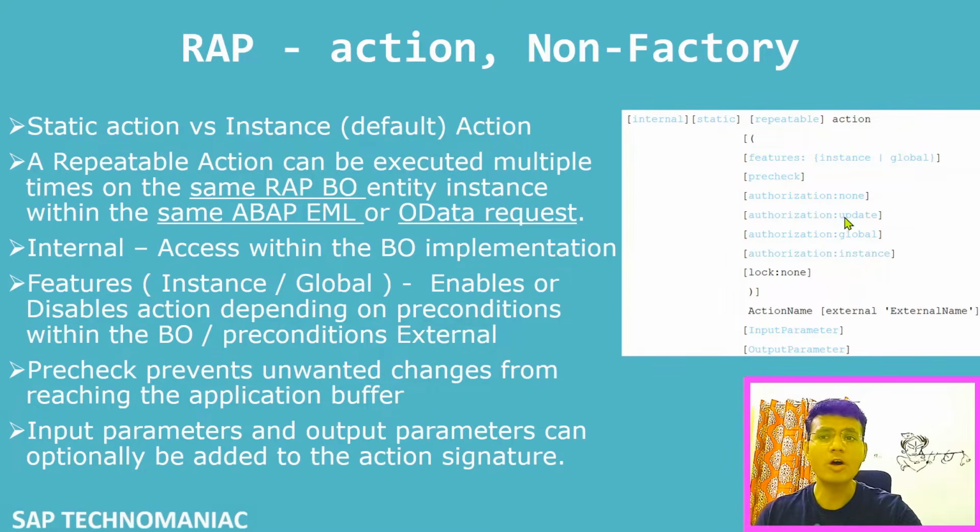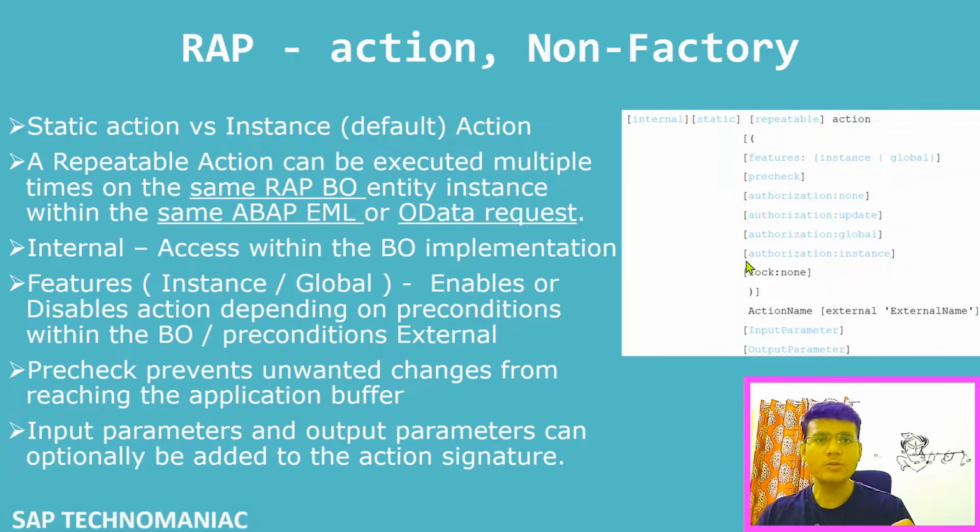So this is how, either we can use none or we can delegate the authorization to update, global or instance as per our requirement. Or if we want to check both global and instance, that also we can do. We can give a comma separated list here, and check not only global but also instance authorization before calling this particular action.